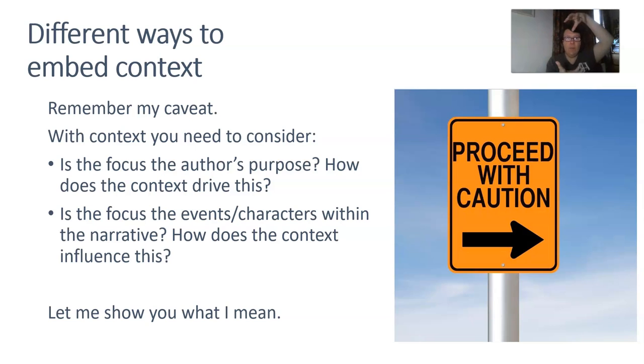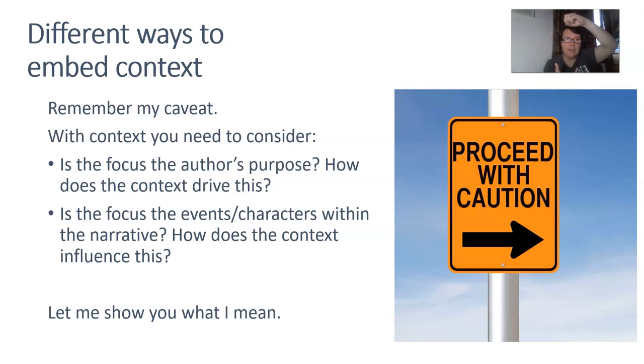So we look at it from above and below. The overarching ideas in the text, the writer's intention, what the writer is challenging us as readers to think. Here, that's the overarching ideas. How does the context drive this forward?